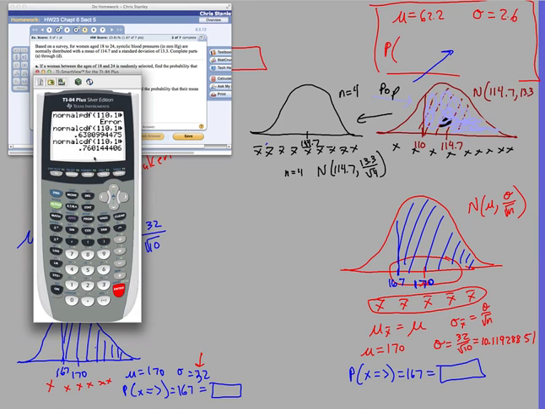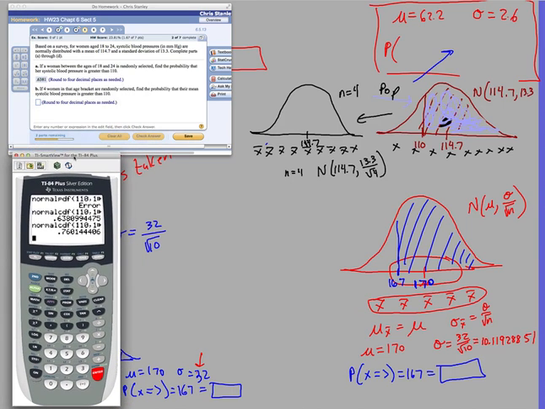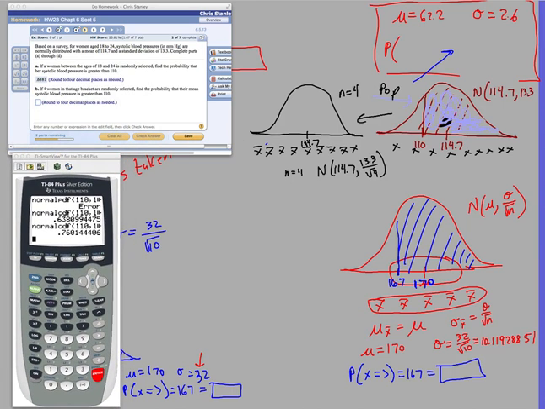Okay, so I'm going to show you how to do it on StatCrunch. The mean is 114.7. The standard deviation would be 13.3 divided by the square root of 4. You want the probability that x is greater than 110.